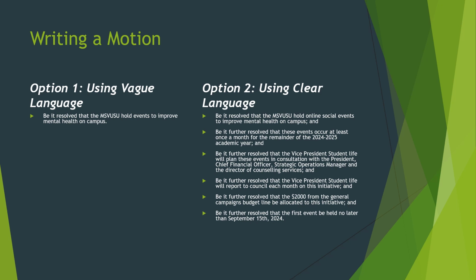Option 2 is using clear and complete language. For example, be it resolved that the MSVU-SU hold online social events to improve mental health on campus, and be it further resolved that these events occur at least once a month for the remainder of the 2024-2025 academic year, and be it further resolved that the Vice President Student Life will plan these events in consultation with the President, Chief Financial Officer, Strategic Operations Manager, and the Director of Counseling Services.